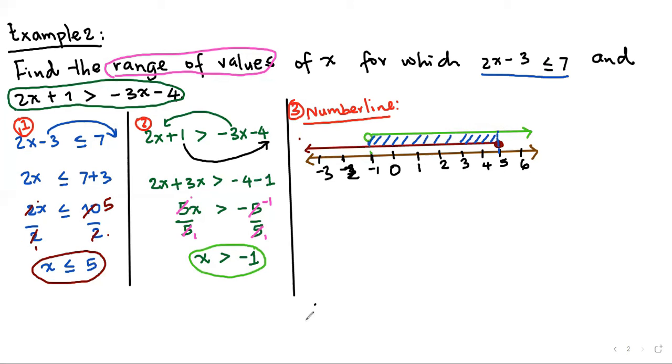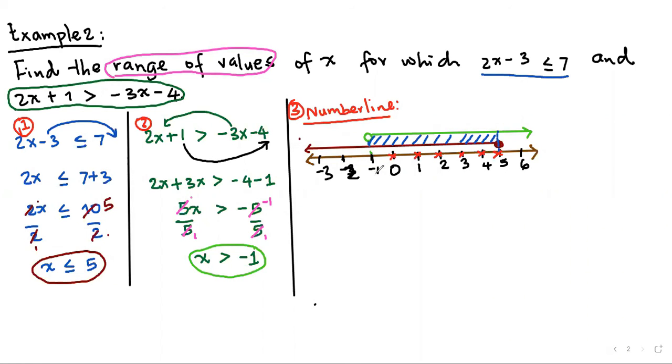Now, it means that the solutions to this inequality begin from 5, 4, 3, 2, 1, 0. But because this is open circle, negative 1 is not a solution.